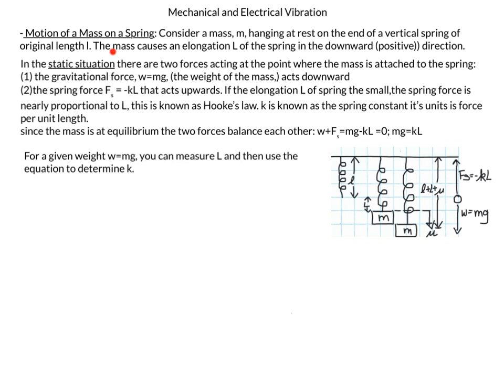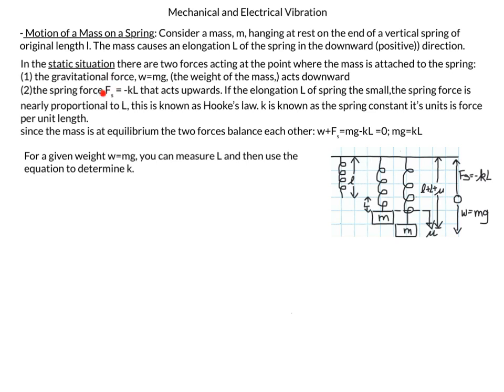In the static situation where the mass is hanging and there's no motion, the forces acting on the mass, where the mass is attached to the spring, are first the gravitational force. That's the weight of the mass, equal to mg, and it acts downwards, pulling it downwards. By the way, downwards is the positive direction.